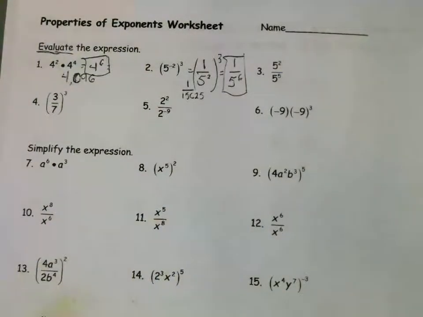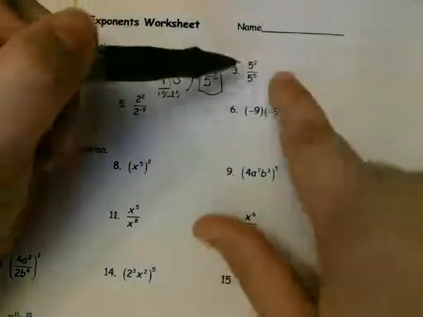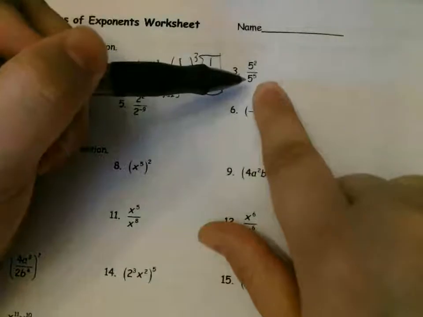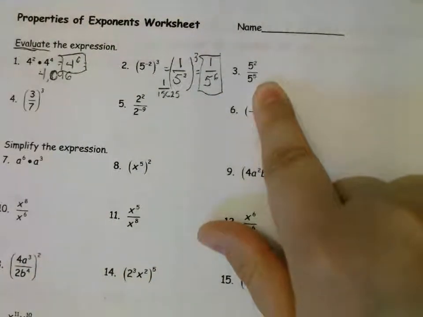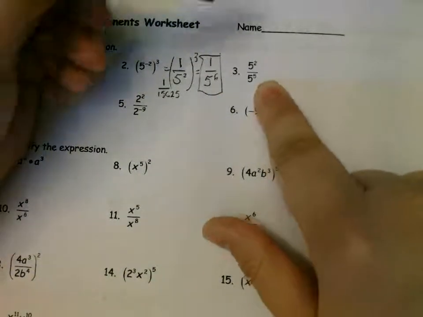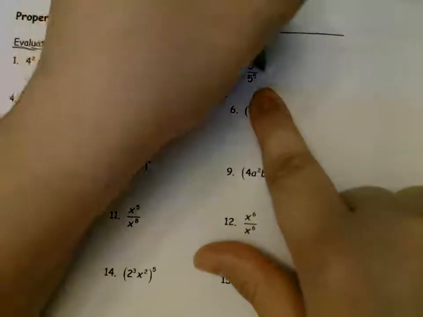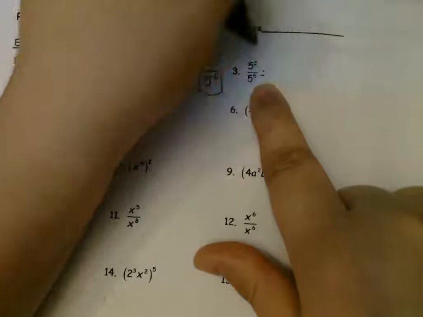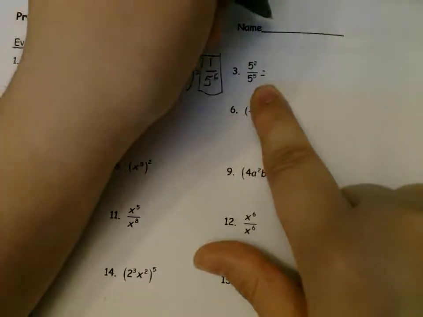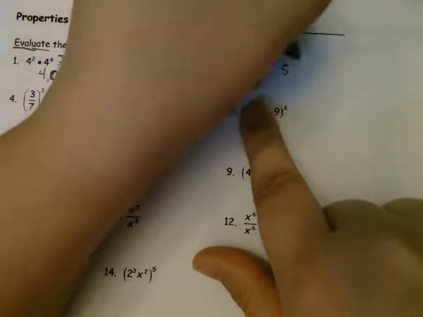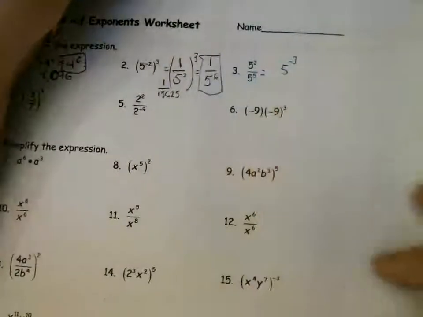All right, now we have 5 to the power of 2 over 5 to the power of 5. This is going to be the quotient, or power of a quotient. All right, so we're going to subtract top minus bottom, which gives us 2 minus 5, which is 5 to the power of negative 3.